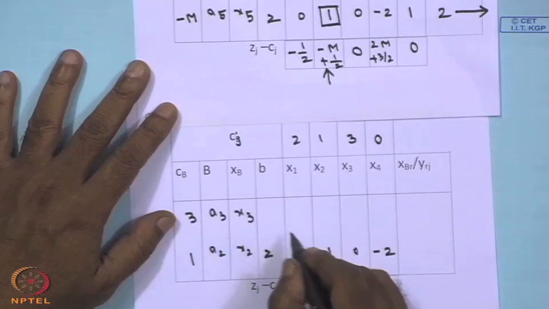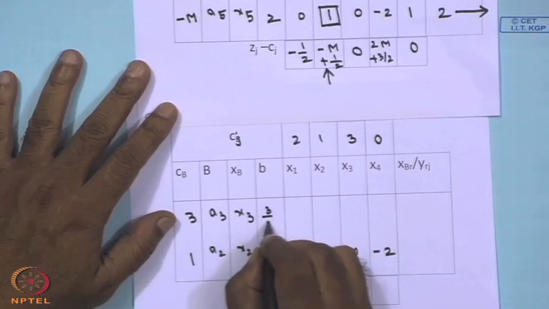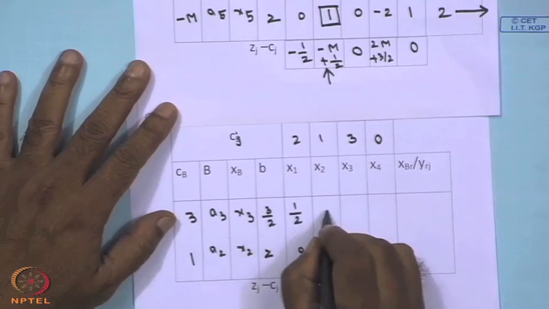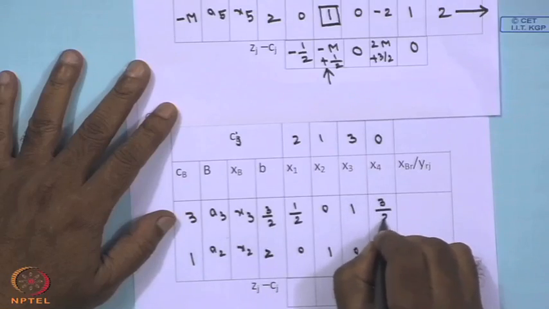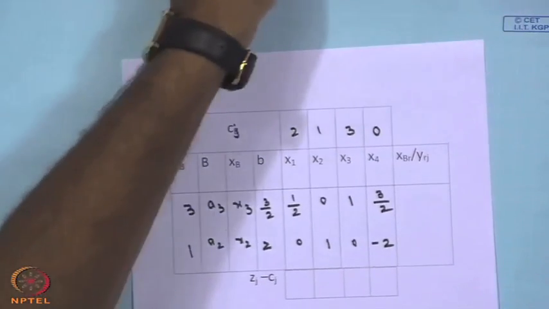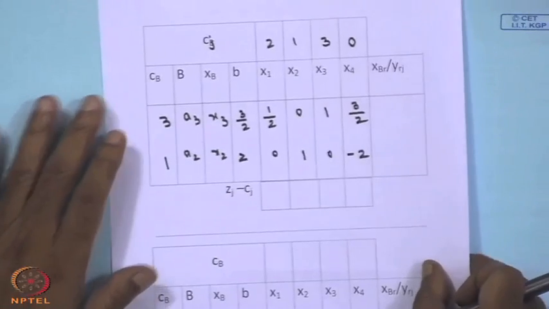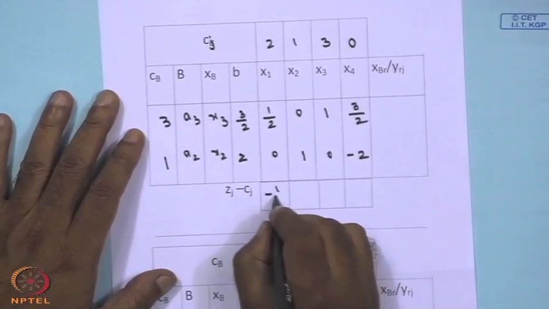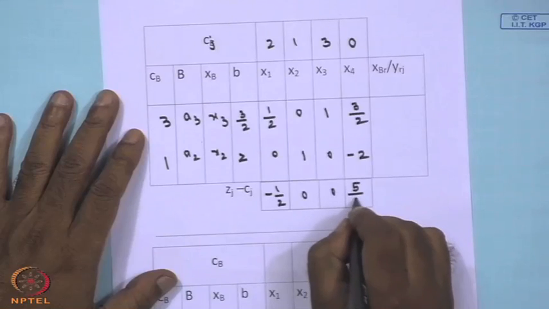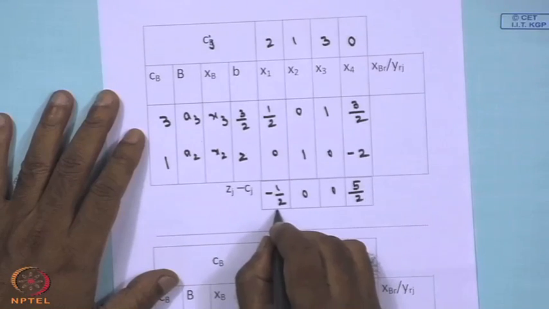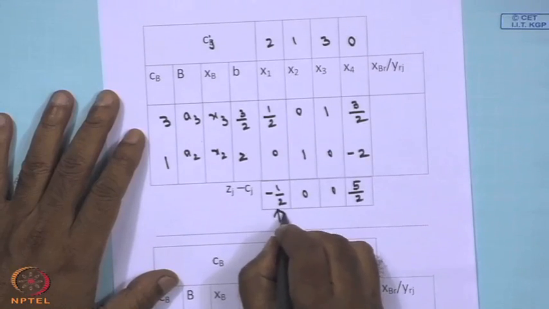The next column I am not explaining, because it is a routine matter, the same way we calculate the table. If you calculate z j minus C j now, it will become minus half, 0, 0, 5 by 2.